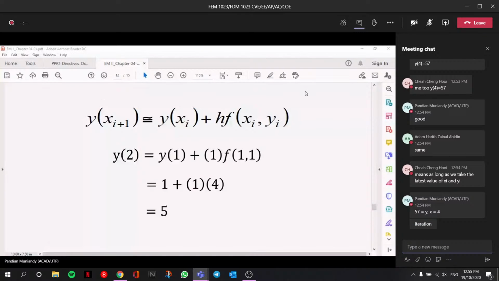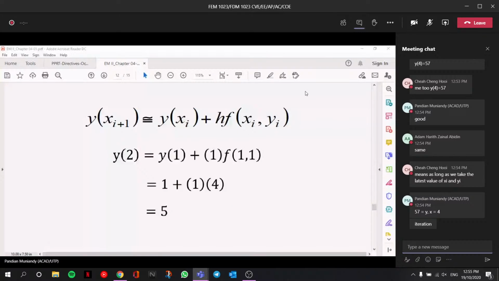Now you can make a table, a 2-column table: x, y. x1, y1; x2, y5; x3, y21; x4, y57.